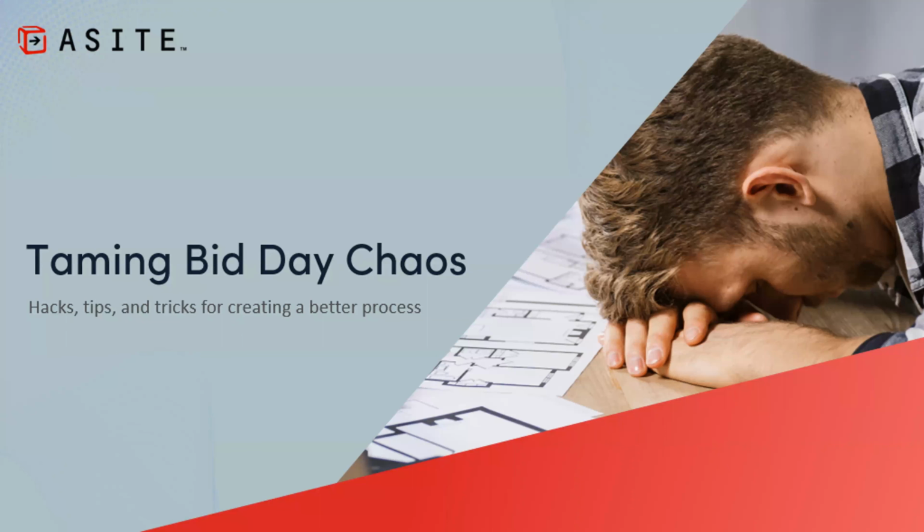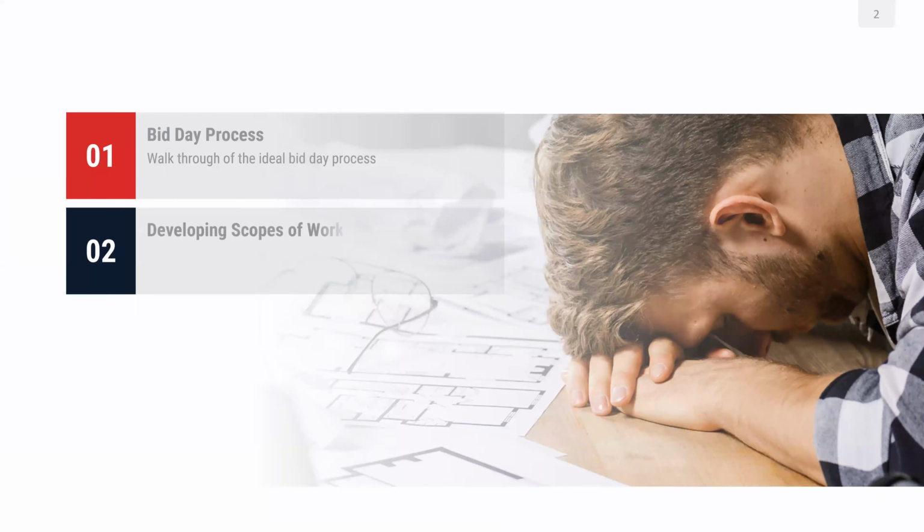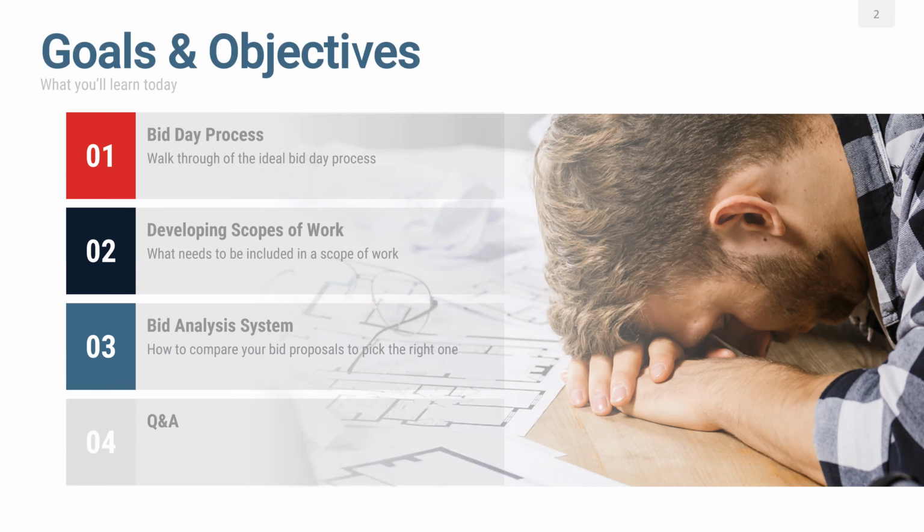Fantastic. So why don't we go ahead and get started today and walk us through what is the chaos of Bid Day? Well, as everybody knows, it's chaos and it's hard to control, but we're going to go over three items today that we think you ought to take a look at. One is your bid day process. We'll walk through some of those things on ideas that we've had in the past and we've had other people comment on.